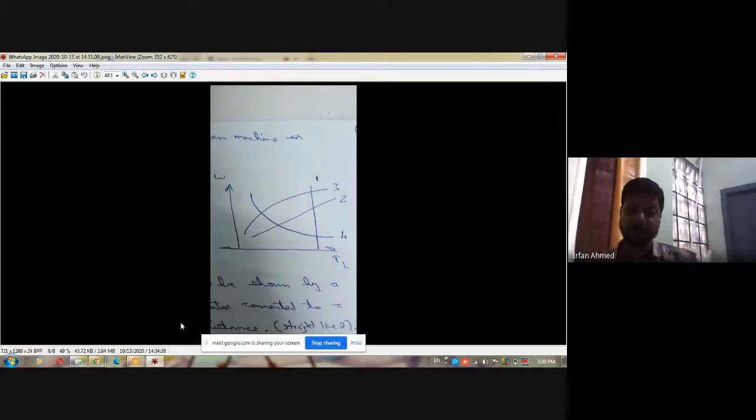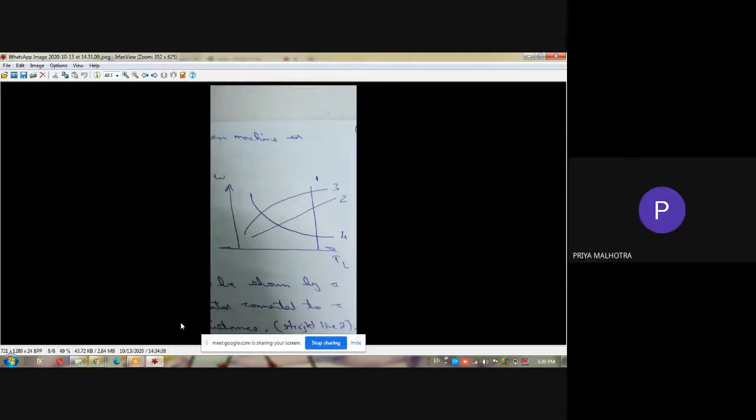The generated EMF will increase, and if the generated EMF increases, the value of current will also increase proportionately, especially because the load is constant. And in case of a DC generator, torque is proportional to the armature current. So if the current is increasing, the torque is also increasing.